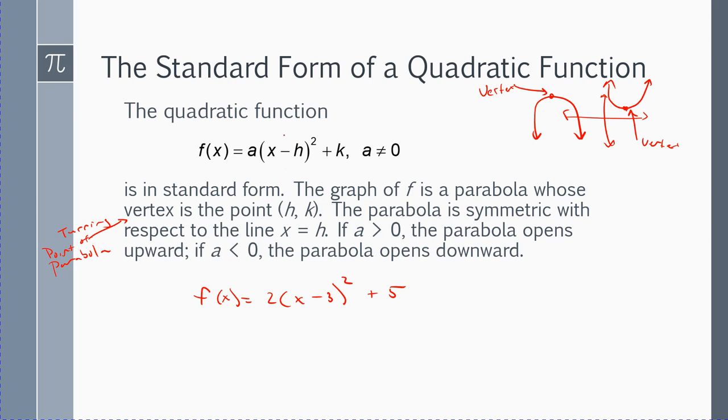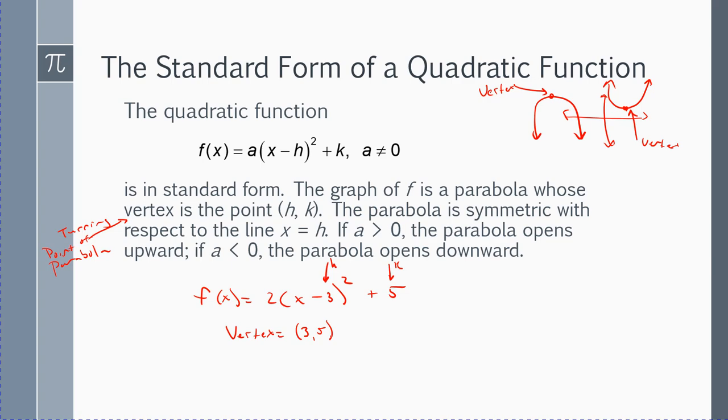When you look at this standard form, the h and the k tell you the turning point, the vertex. From this example, this is my h, this is my k. So the vertex is the turning point (h, k), so this one turns at (3, 5). Now the parabola is symmetric with respect to the line x equals h.